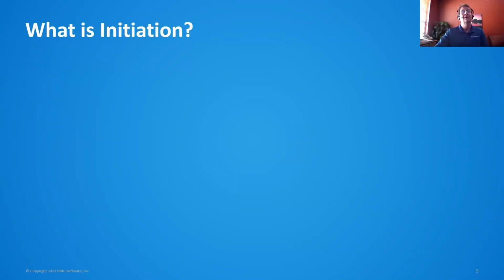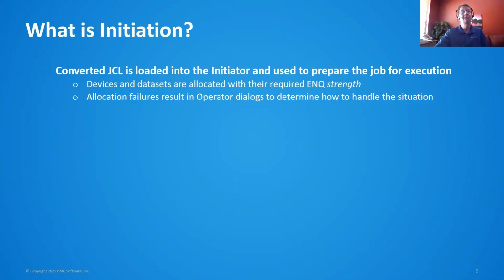Okay, so initiation is when a job gets selected and gets going into execution. What happens is the initiator loads the JCL, the converted JCL, interpreted JCL more correctly. It's a bunch of control blocks, and those get loaded into the initiator, and those control blocks are used to prepare the job for execution.